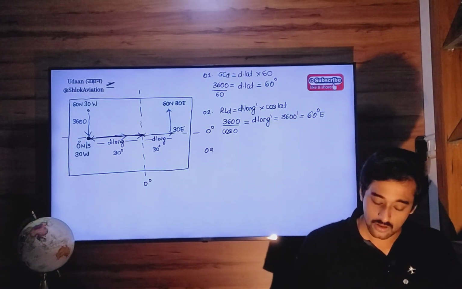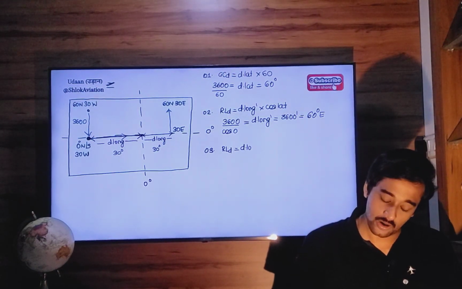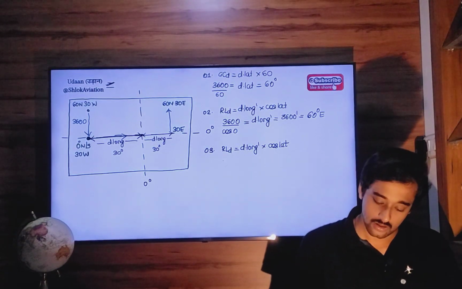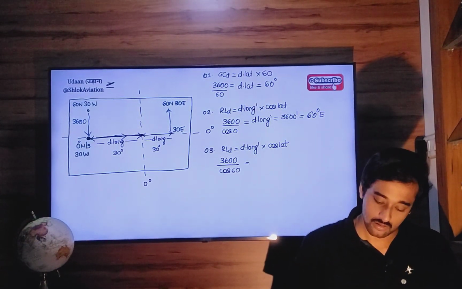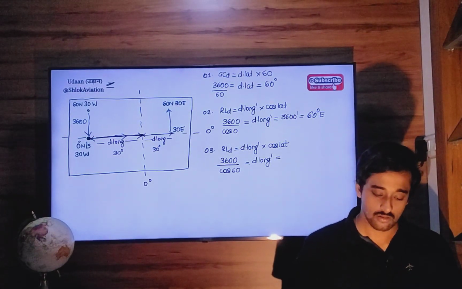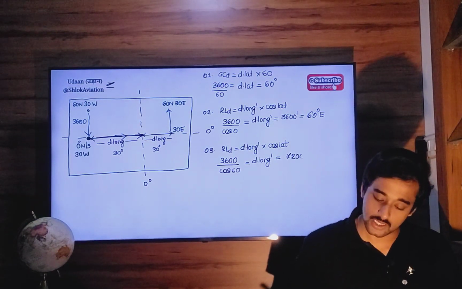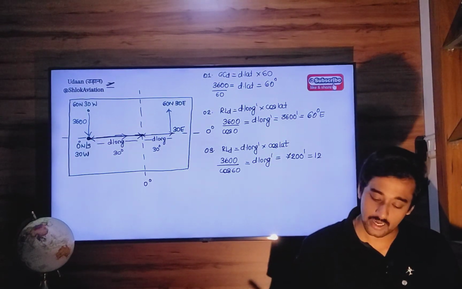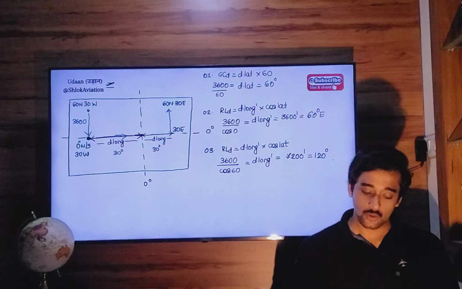So, rhumb line distance: d long in minutes into cos lat, that is equal to 7200 minutes, which is equal to 120 degrees, right? 120 degrees.